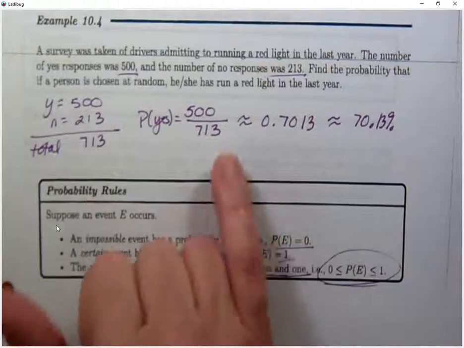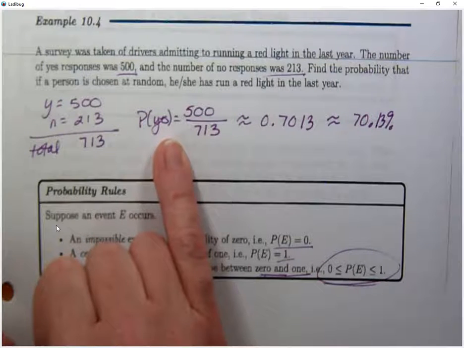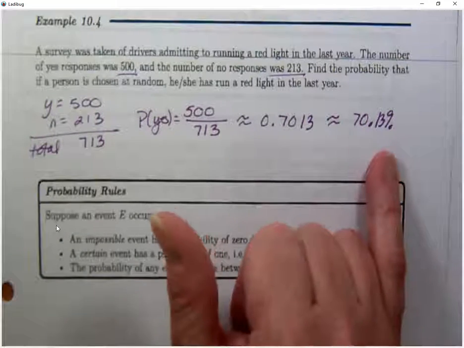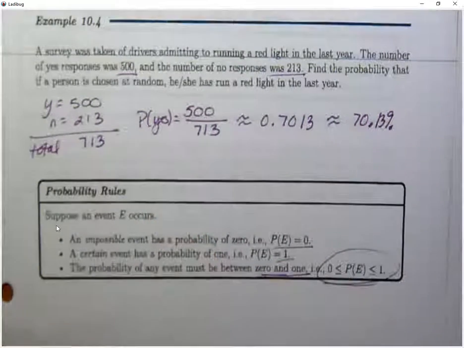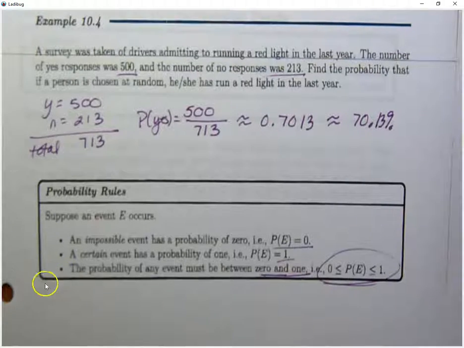Same thing here, probability of a yes, its counterpart, probability of a no, that should add up to 100. So we can use that idea of how things add up to 1, and that's called the complement, which we'll look at next.